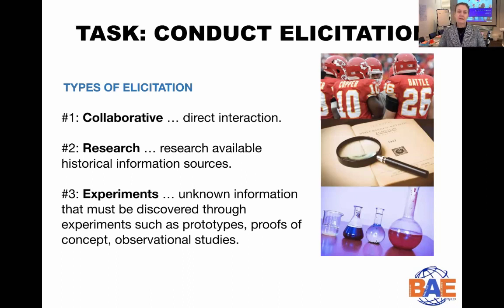And then the third type of elicitation is experiments. So this is when there is unknown information that we have to discover through experiments, and you can use prototypes, proofs of concept, or observational studies to perform this type of elicitation.